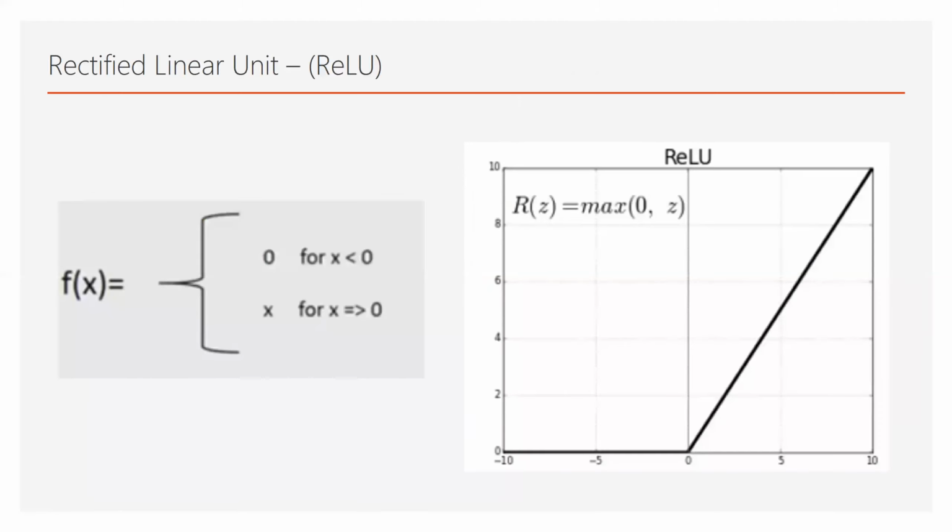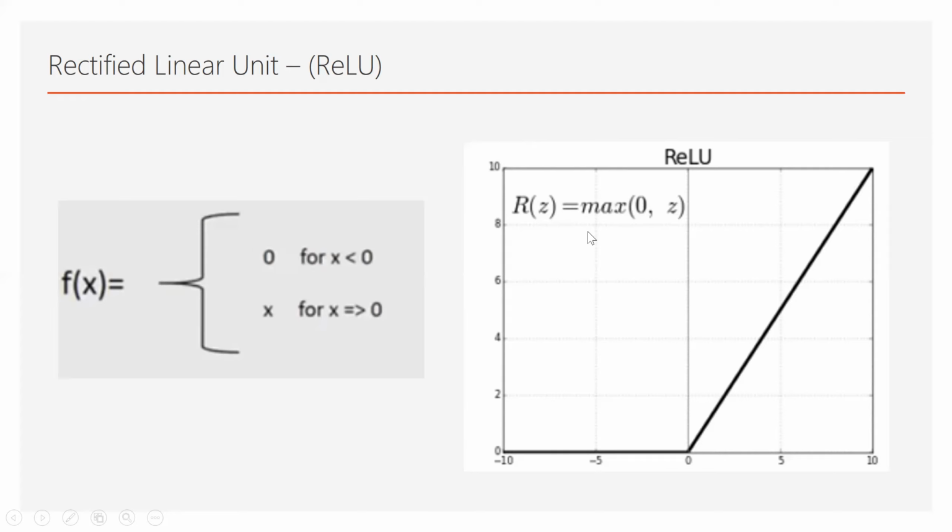Okay, we'll see what exactly the ReLU activation function is. ReLU is nothing but, if our x value is greater than 0, then it will be 1. If it is less than 0, it will be 0. Simple. Here we can see the maximum of our z value. R of z is the ReLU activation function, maximum of 0 comma z.